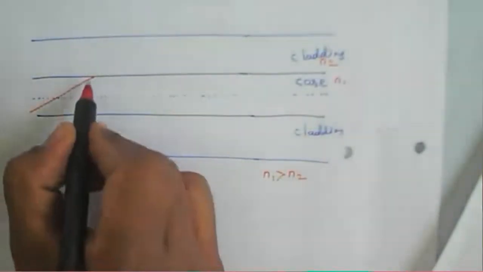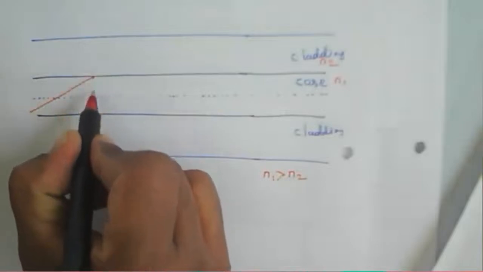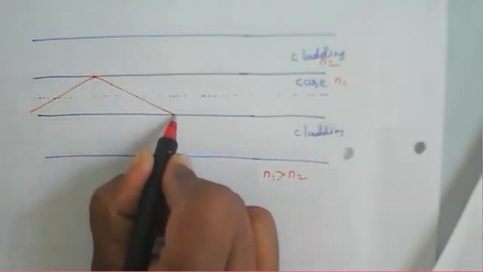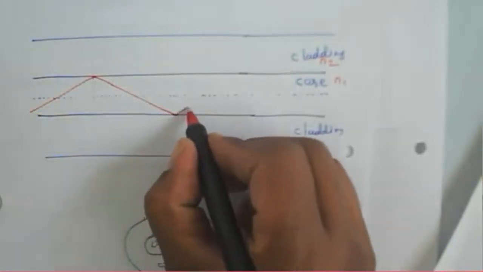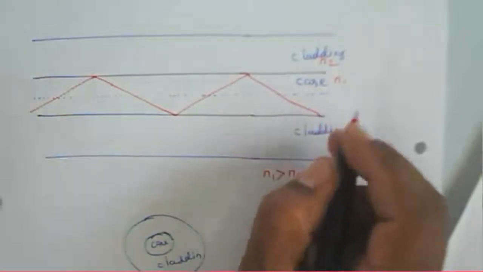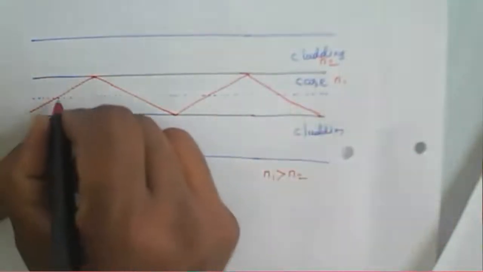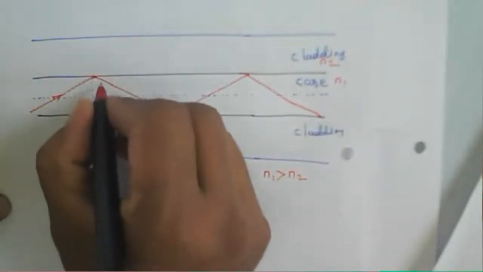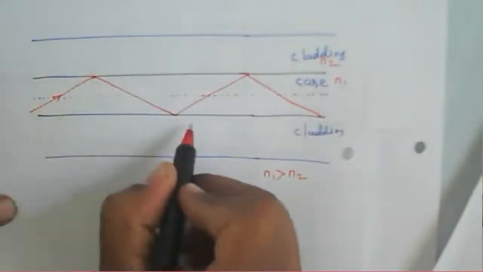So we say the core is N1 and this is N2, and for this fiber N1 is greater than N2. So what happens? Under some boundary conditions, the rays will come to the boundary of the core, be reflected, come here again, and be reflected again.